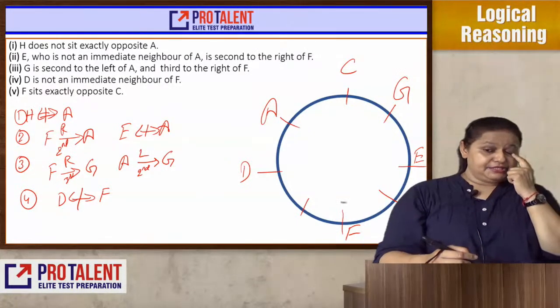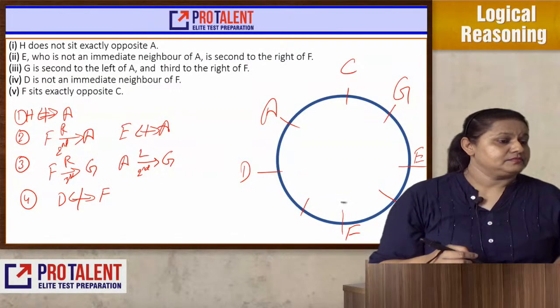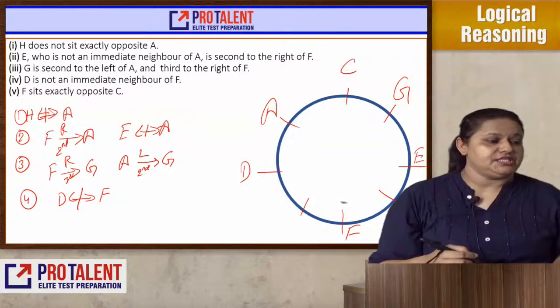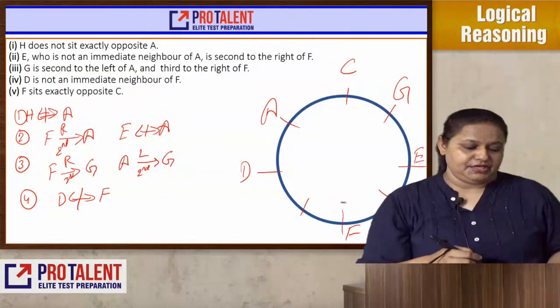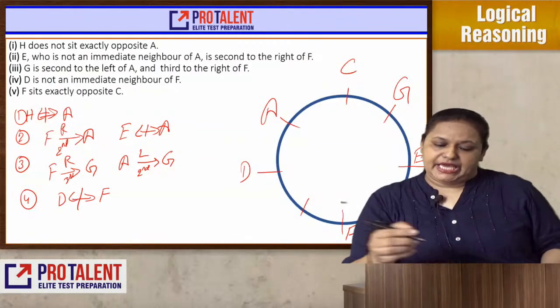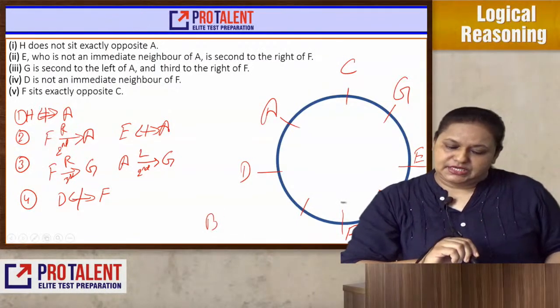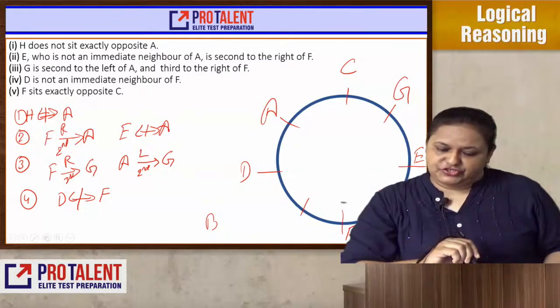What is the final arrangement we are getting? G is immediate neighbor of E. D and F are not neighbors. So we are left with A, B. So we are left with B, C, D, E, F, G, H.